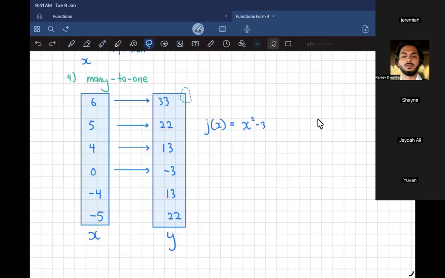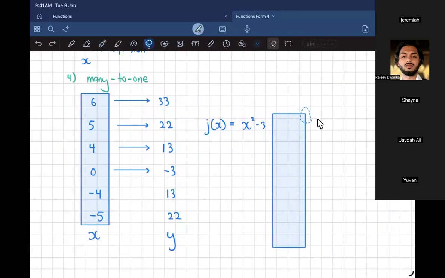Yes, because the values on the X range are both positive and negative. I hear what you're saying, but for the range, you don't want to repeat it. Oh, yes, for the range, no, because both values would go back to it as a many-to-one. You get what I'm saying?